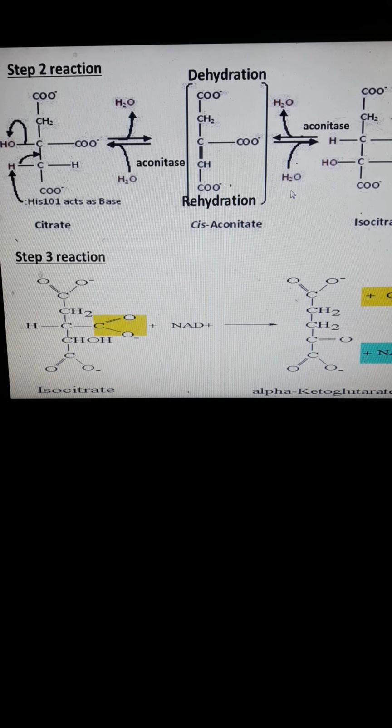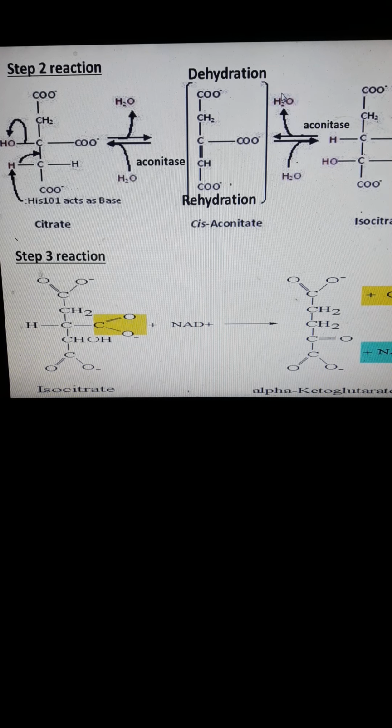Then at the same time, there is addition of water, that is rehydration. It will form isocitrate. Okay, so if we reverse the reaction, class, with aconitase, there is dehydration. It will form cis-aconitate. At the same time, when you add water, it will form citrate again. Okay, so this is considered to be the step wherein citrate acts as a base.